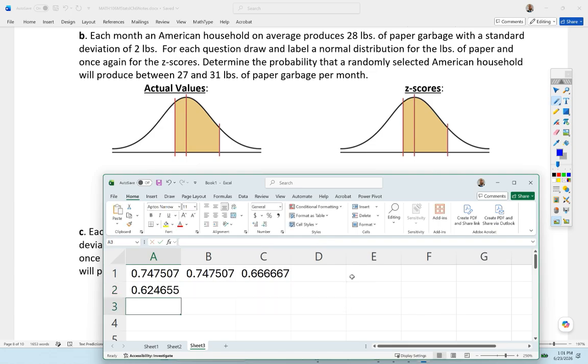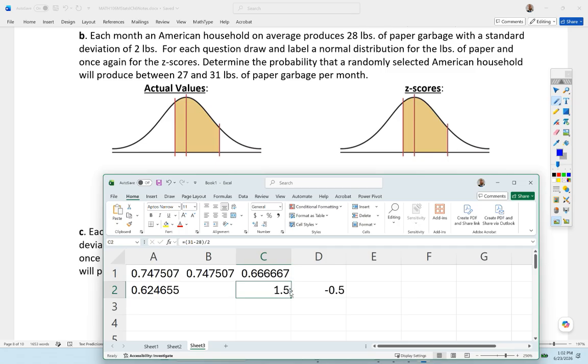All right, so that middle area right there is about 62% of the population. Let's say we do it with z-scores. So we'll do our two z-scores here. Our z-scores would be 31 minus 28 divided by 2, and then 27 minus 28 divided by 2.